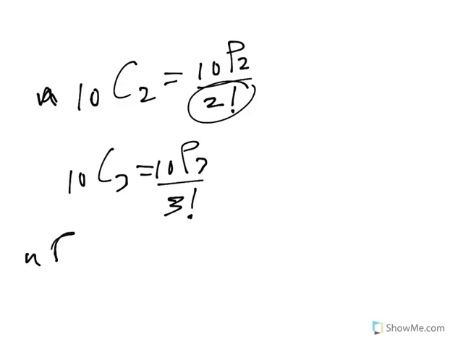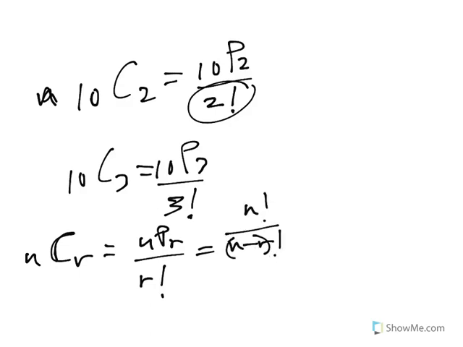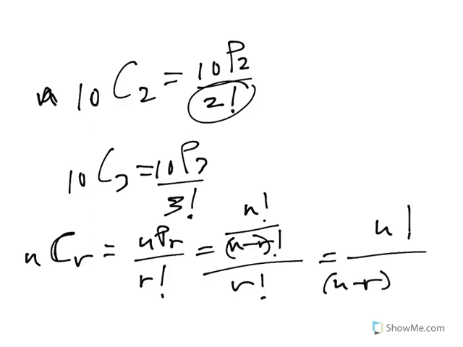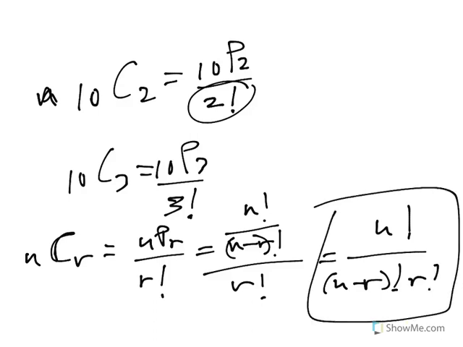And in general, nCr is nPr divided by r factorial, but nPr could be written as n factorial over n minus r factorial. That's all over r factorial, which turns into a pretty famous formula, which is this. This is the textbook formula for combinations. It's a pretty useful formula.